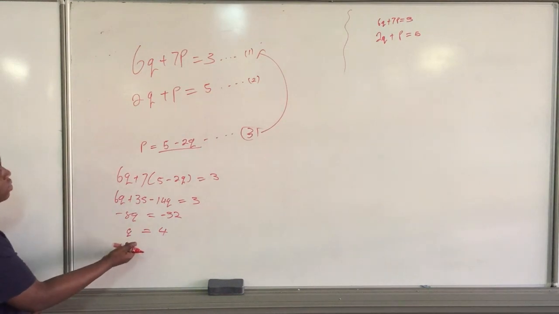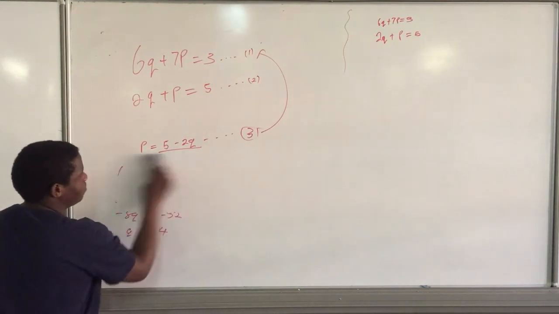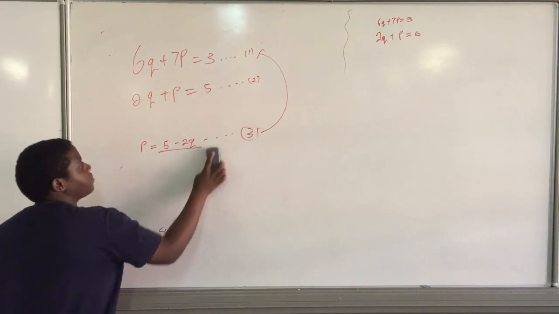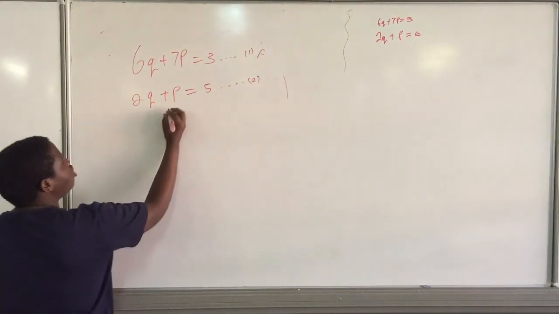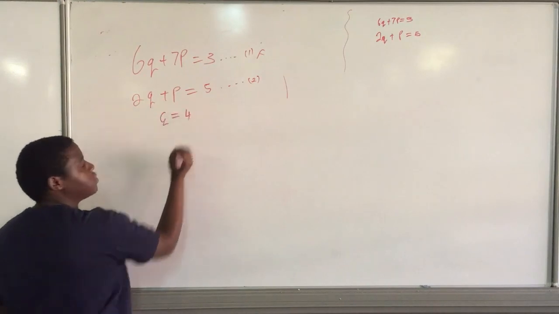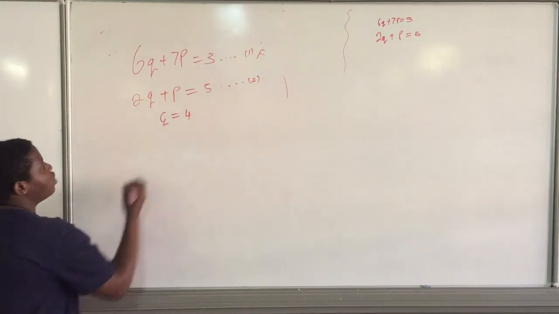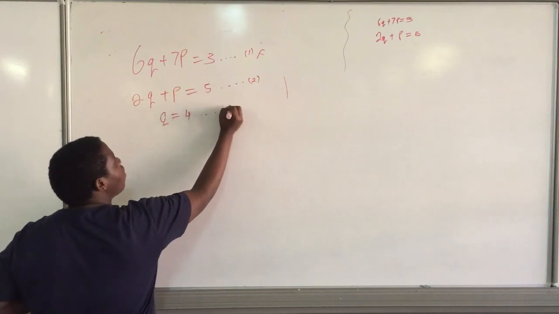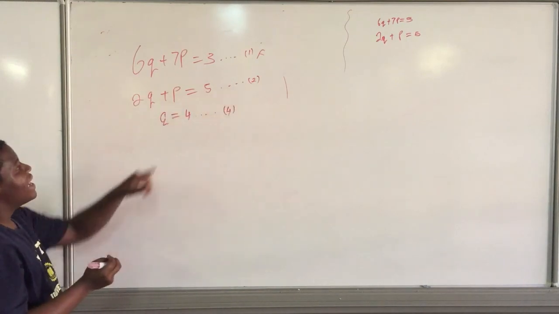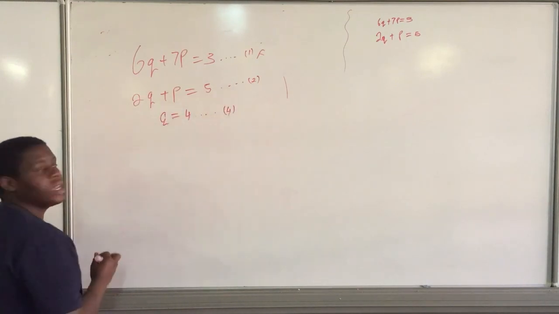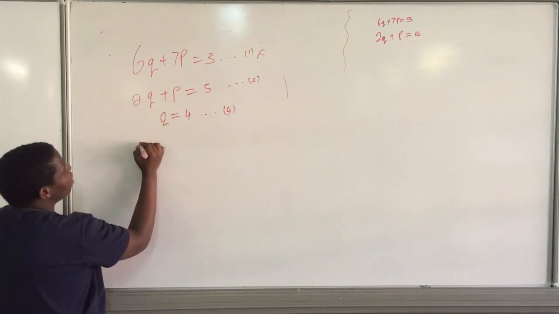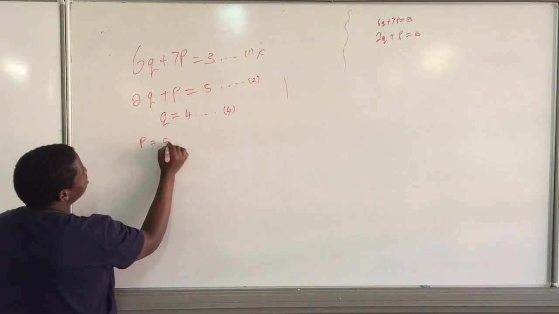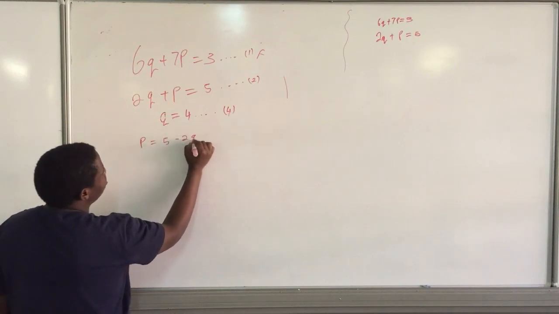So now we found what Q is. So we can go back. Now we can say Q equals 4. So now we're going to take this one, which is now our equation 4, I like to call this equation 4, and substitute it in equation 3. So remember our equation 3, we had P equals 5 minus 2Q.